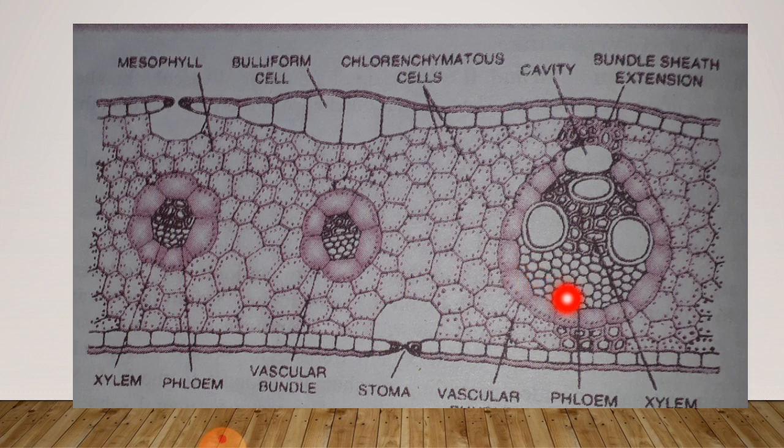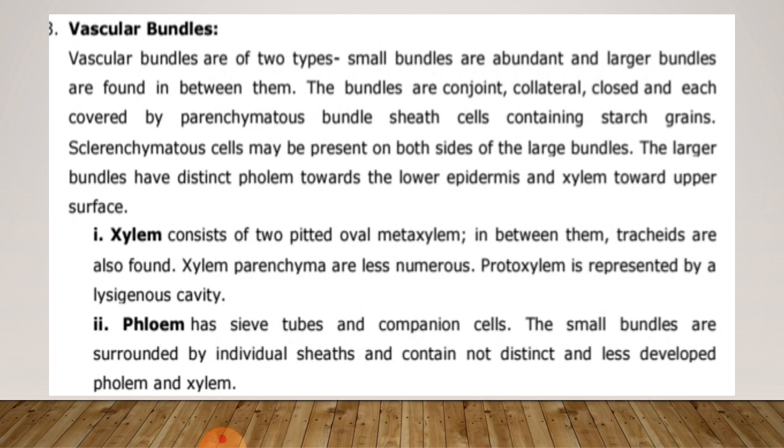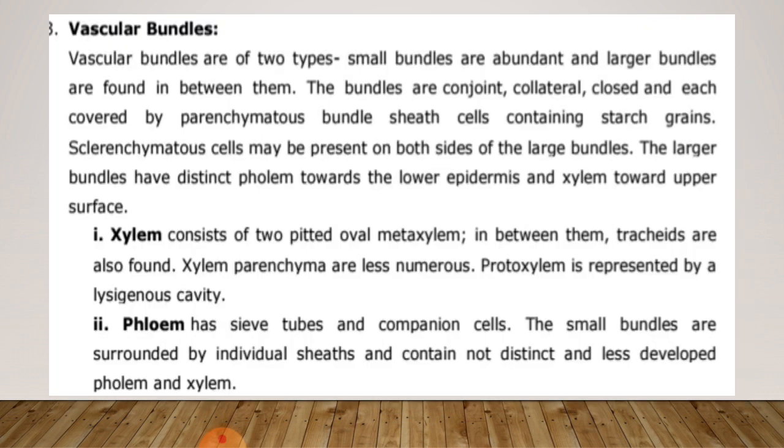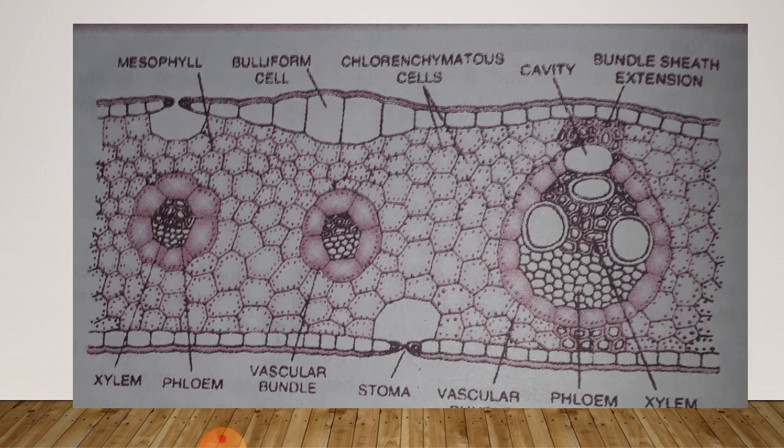The large vascular bundles and also small vascular bundles are present in case of isobilateral leaves. The large bundles have distinct phloem towards the lower epidermis and xylem towards the upper epidermis.